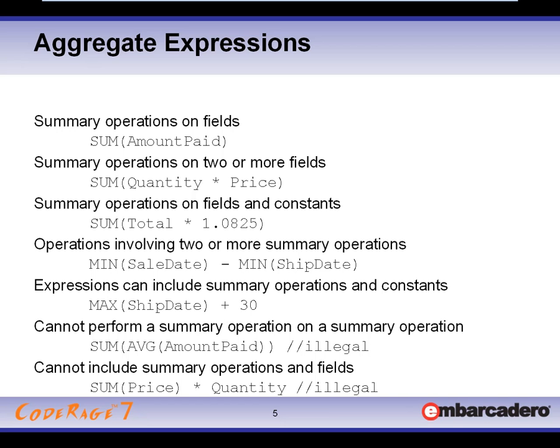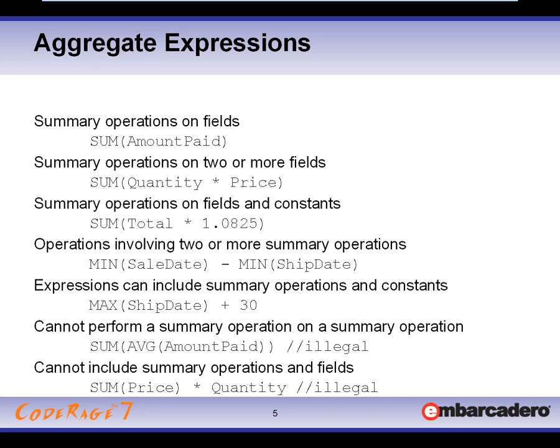However, there are things you cannot do. You cannot perform a summary operation on a summary operation. It won't let you do that. And another thing you can't do is take a summary operation and then perform an operation with another field. Now, let me take a moment. This one is really important to understand because the summary operations are occurring across records.